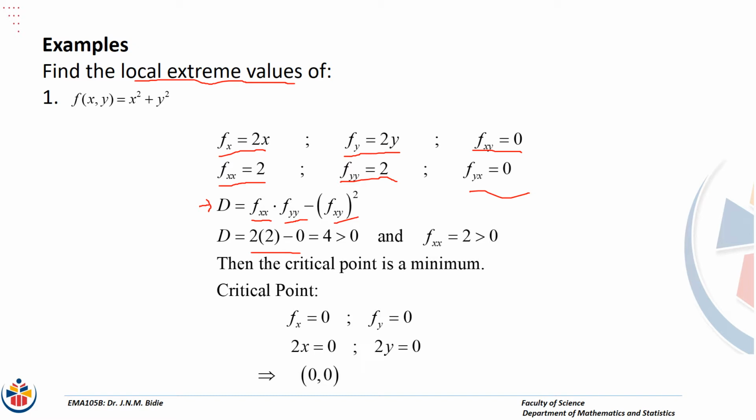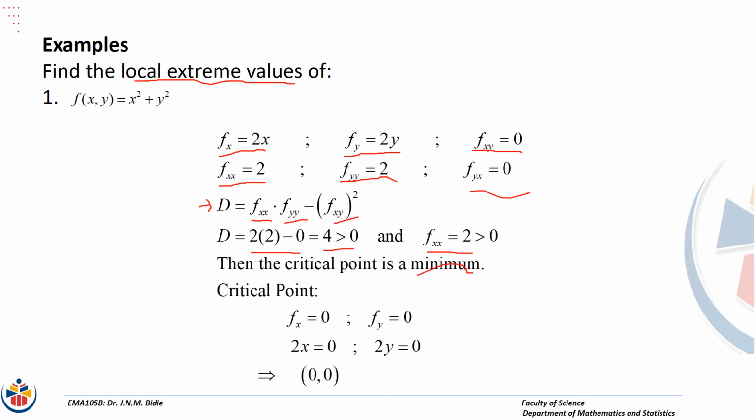So our answer is 4, and we know 4 is positive. But then we go back. If D is positive, we need to check the second derivative with respect to x. Was it also positive? Yes, we got a positive result. So that means the critical point is a minimum.